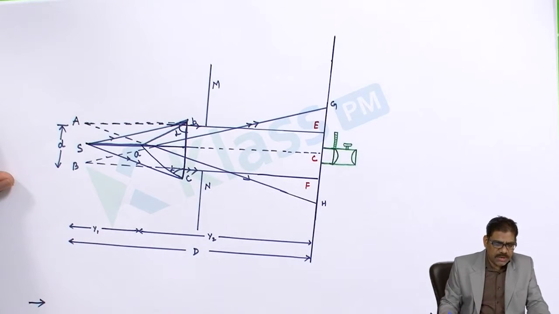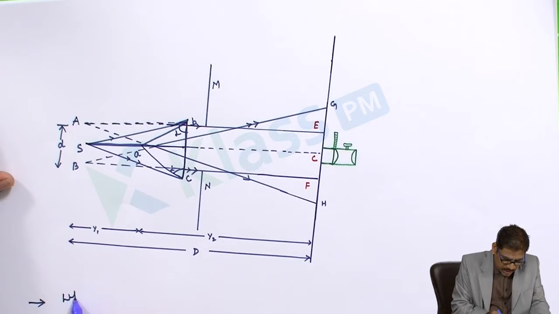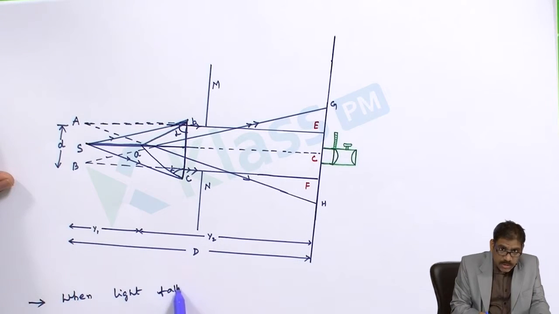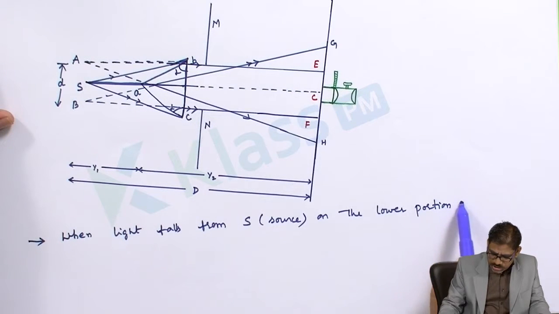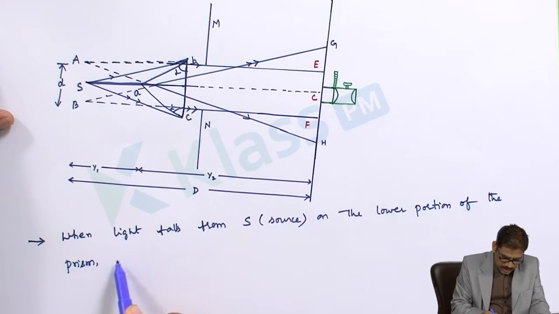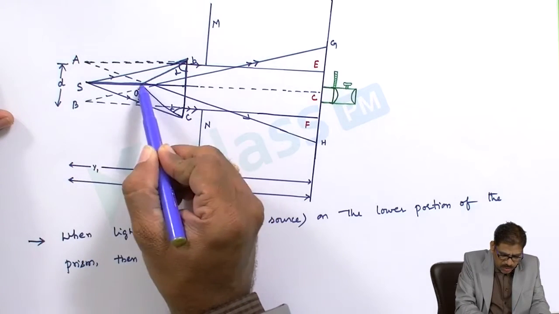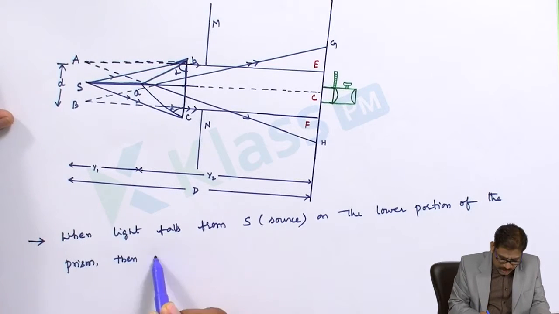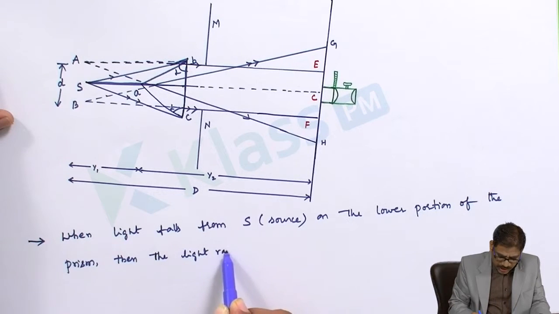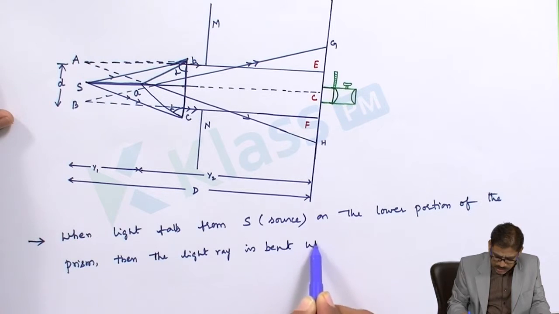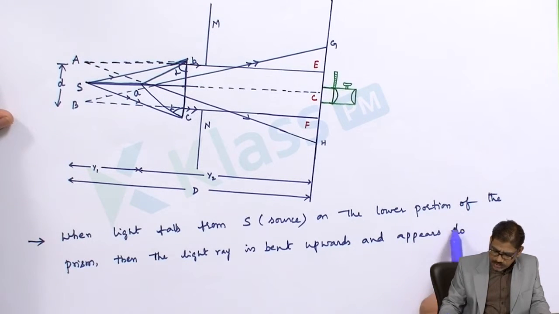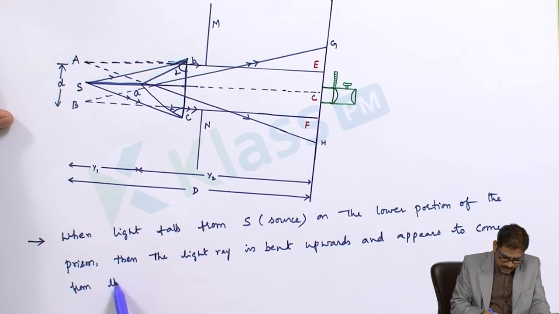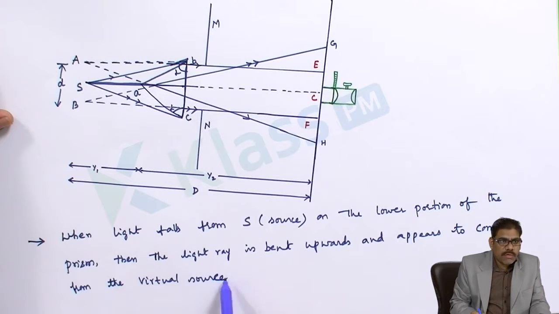In the second sense, from the diagram we have here, when light falls from source S on the lower portion of the prism, so we are talking about S falling on this particular portion of the prism, then the light ray is bent upwards and appears to come from the virtual source B.